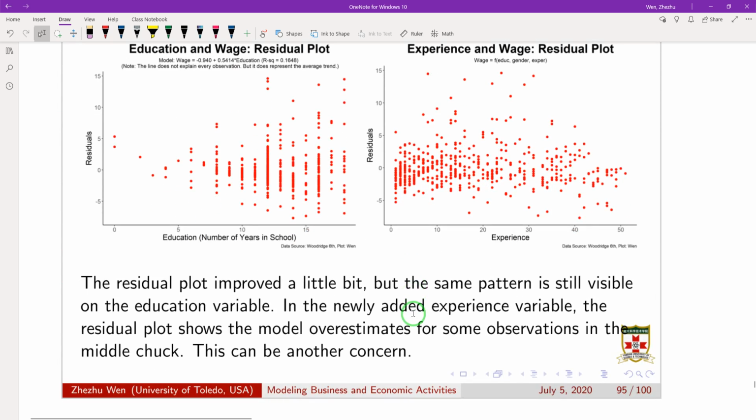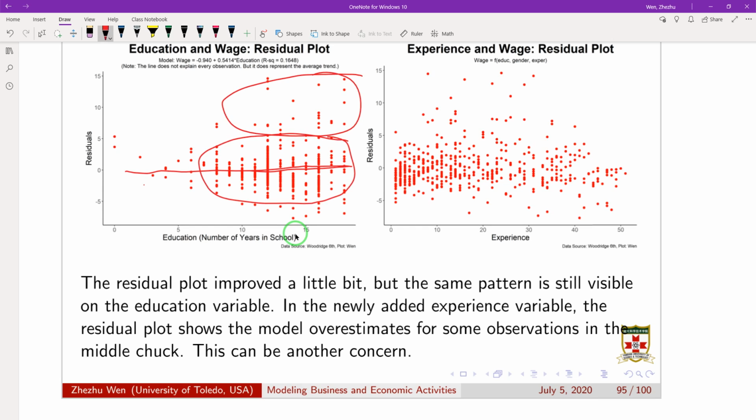So here, this is a residual plot. I'd like to show you whether they have changed or not. Here, it has improved a little bit. This is average, okay? At least in this area, it's more like randomness, although you have a lot of overestimation here.